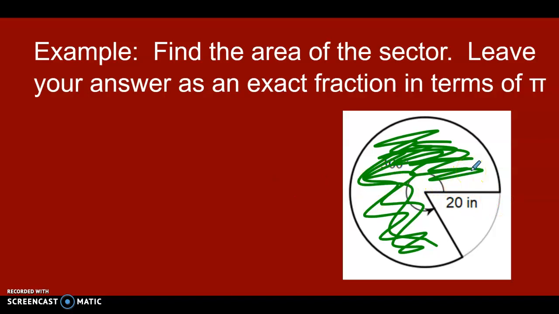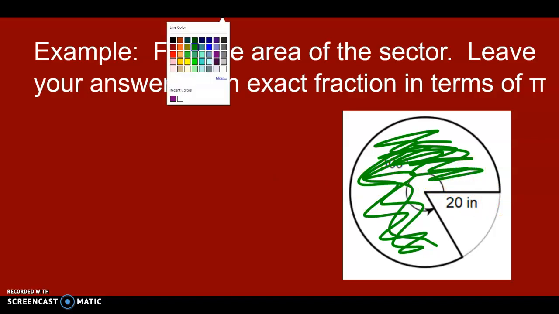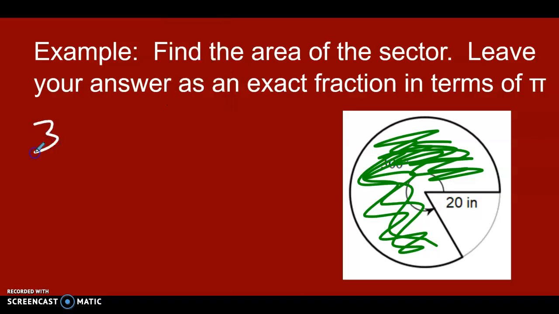So just like we did with our homework last time, we're going to find what fraction of the circle is being represented. 360ths of the circle. So you simply put your degrees over 360 because that's the fraction of the part of the circle that's being used. And we times that by the area of the circle because that's what part of the area we're finding.